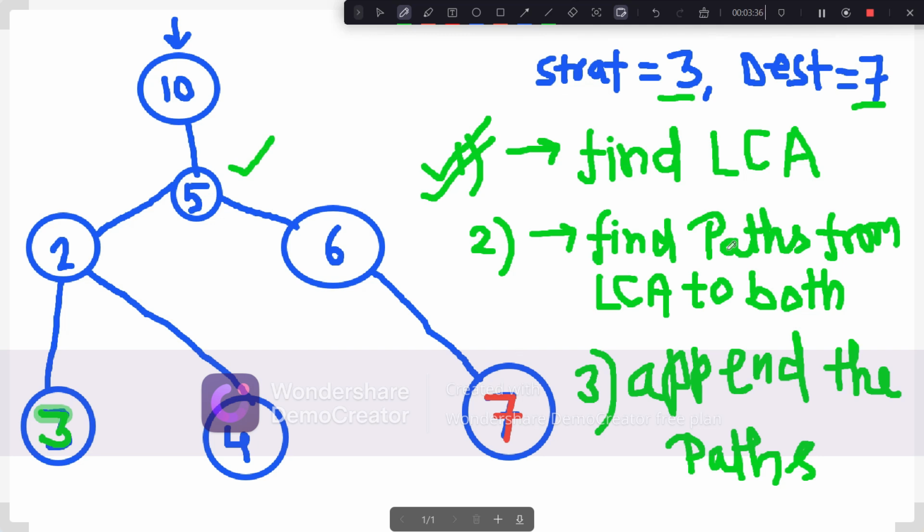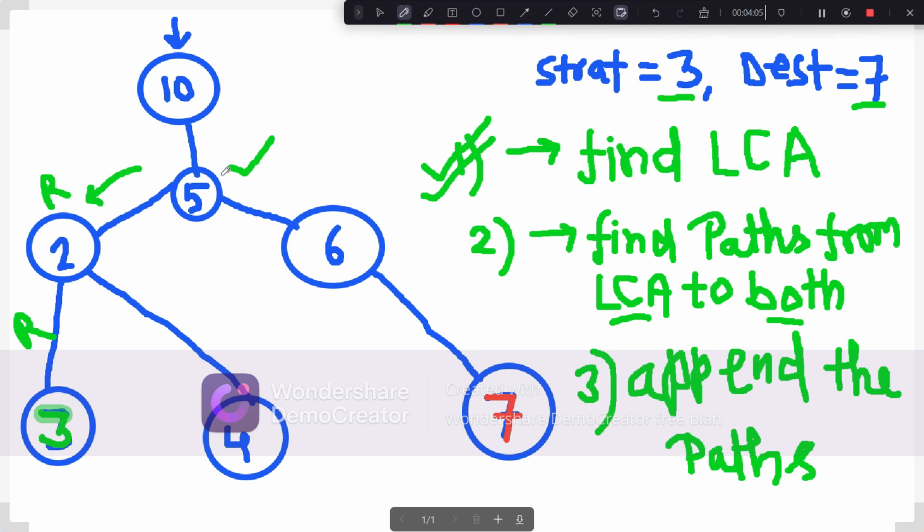The second step is to find the path from the least common ancestor to both 3 and 7. So from 5 we have to find the path to 3, and similarly the path to 7. If we go this way, what would the path be? From 5 first we come here, so it would be R, going to the right side, then here, which is also the right side.